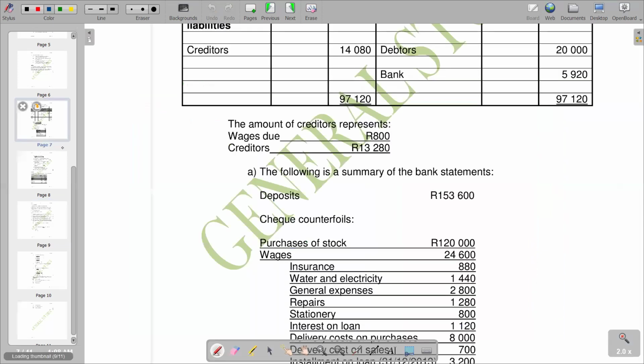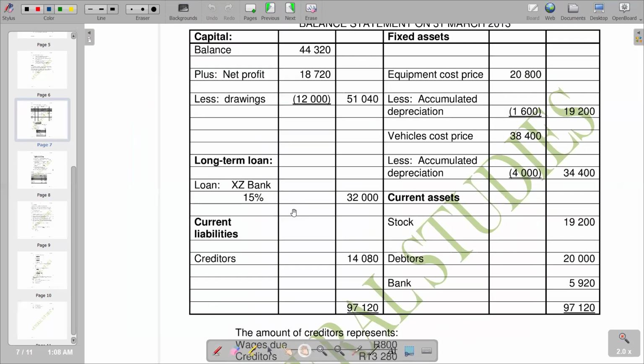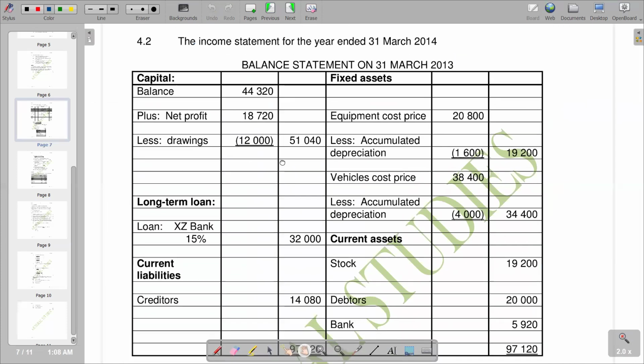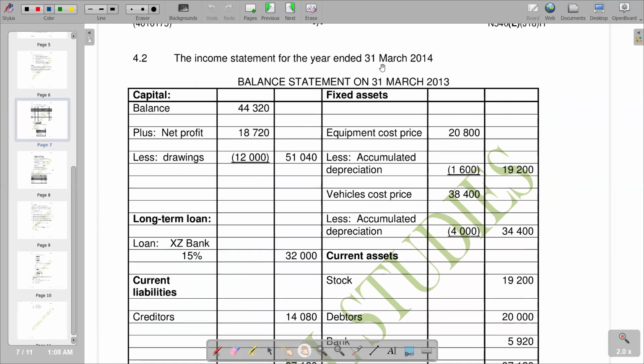I will go to the question and see where we have that balance b/d. Balance b/d represents the balance at the opening, at the beginning of the period. If you check here, our year ends 31 March 2014, so it is very important to identify your financial period.